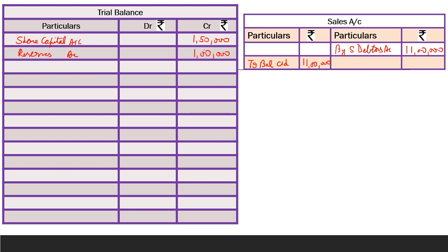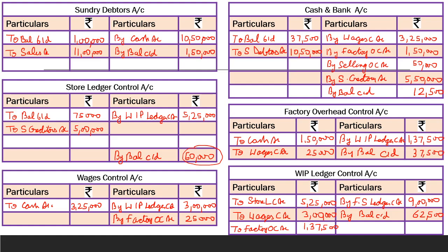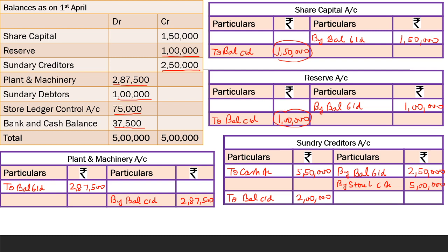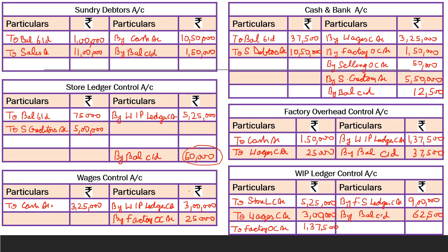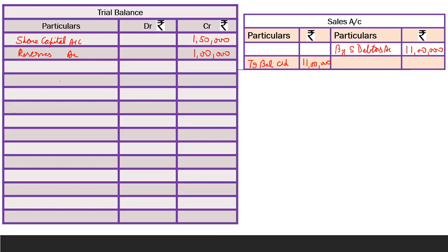Now our next account is sundry creditors which has a credit balance of 2 lakh rupees, and the plant and machinery account has a debit balance of 2,87,500. So we write the balances of these two accounts in the trial balance.